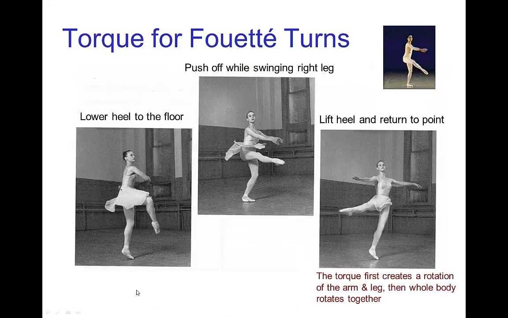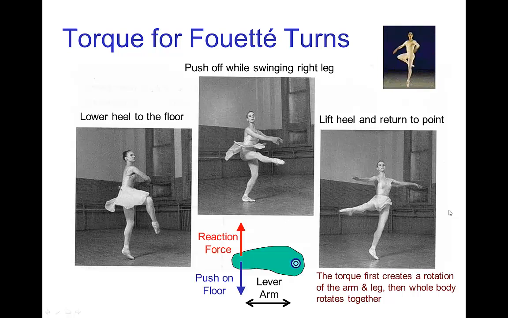so if we look at that in more detail, we see the dancer has to lower her heel towards the ground, maybe not completely flat foot, but at least lower her heel to get some contact on the ground, using that contact to create a force on the ground, as we see here. So with her foot on the ground, she starts rotating her leg.